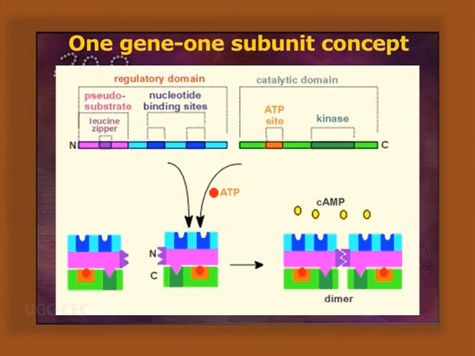This actually proves the one gene, one subunit type of hypothesis, and these particular domains can be separable. When they are buried inside 100 to 200 angstroms, they have a type of hydrophobic interaction, like tertiary folding itself.